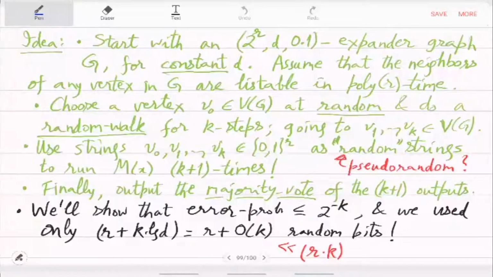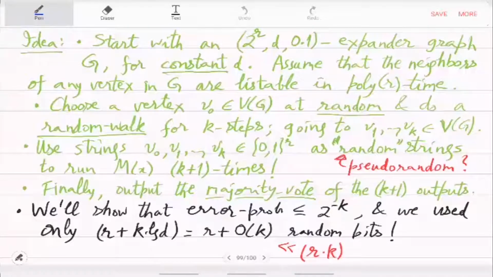So based on this, you do a random walk starting from v0 for k steps, and that will give you k vertices in the path. So you have k kind of pseudo random strings. This you can use in the randomized algorithm, or you basically are repeating the algorithm k plus 1 times.